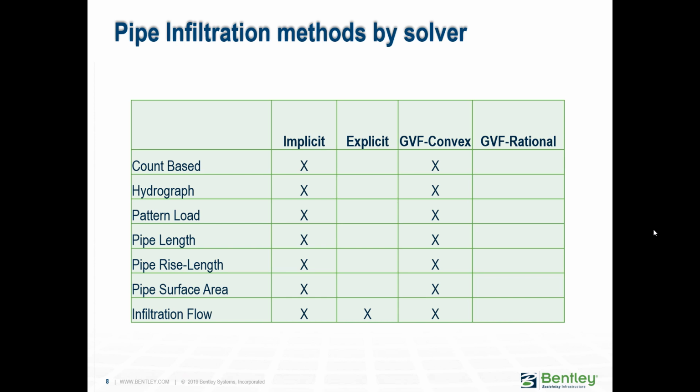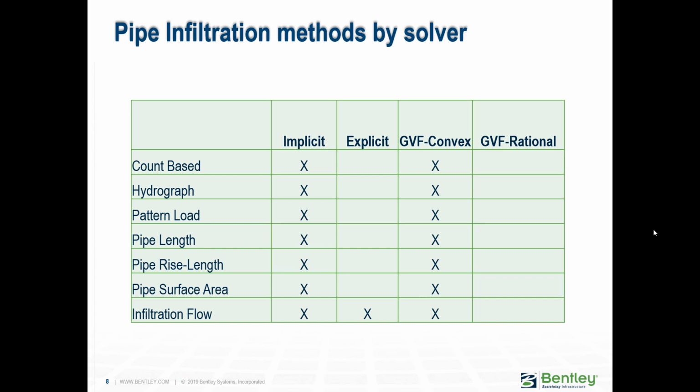Comparing each solver that we have in SewerGEMS, we have here a table where we can see that not all methods are available for each solver. The implicit solver contains all the infiltration methods, but the explicit solver just has the infiltration flow. The implicit and explicit solvers can be found in SewerGEMS and SewerStorm.